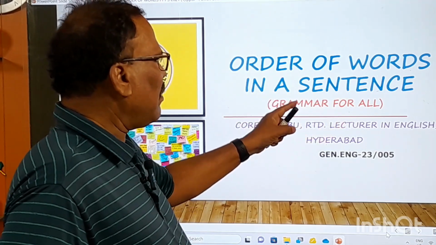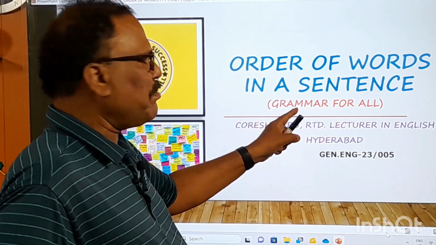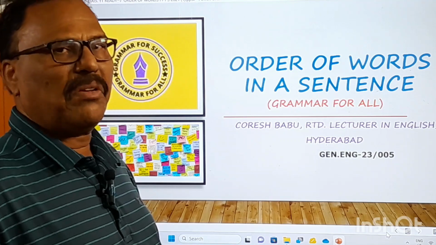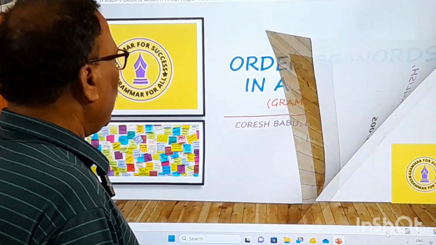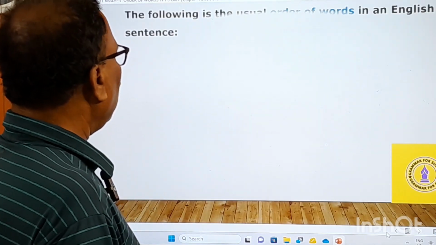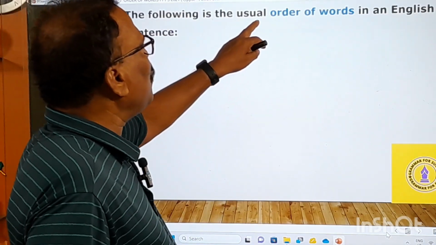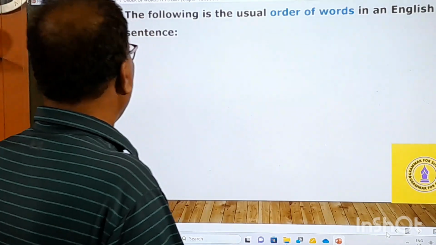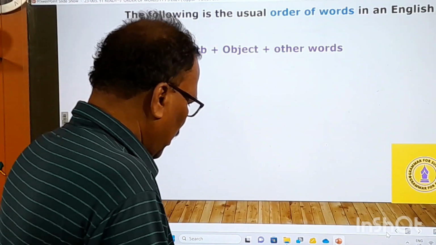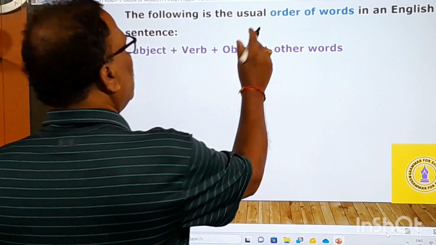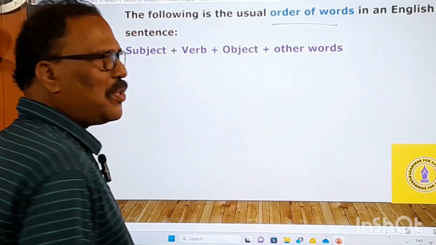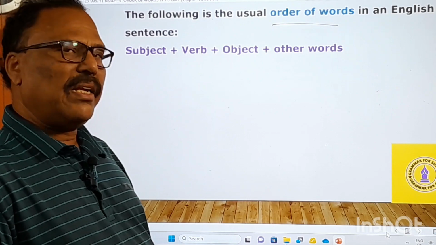This grammatical aspect is meant for all. Anybody can watch it and benefit from it. Now I'll go to the next slide. Here is the usual order of words in an English sentence. What is the usual order of words in an English sentence?